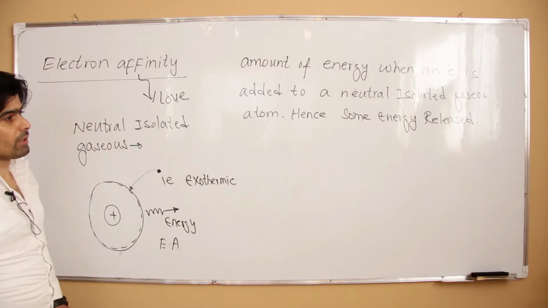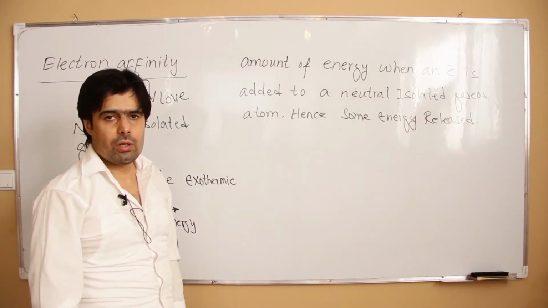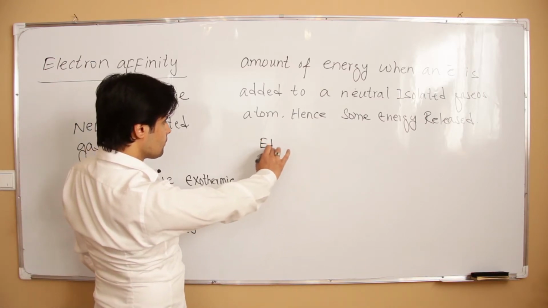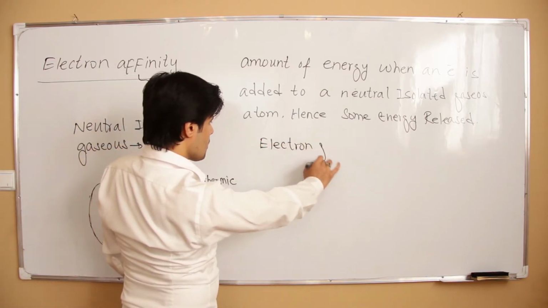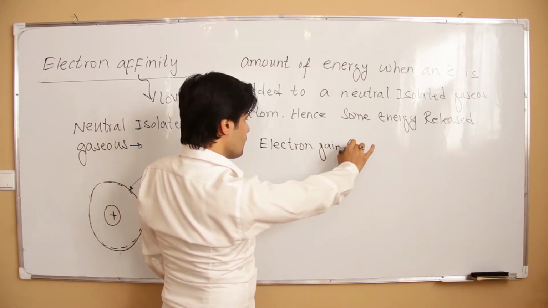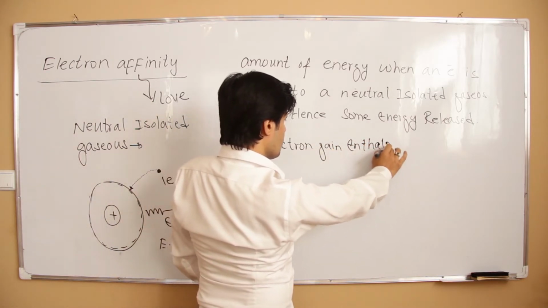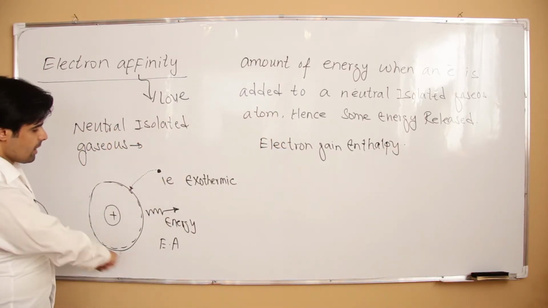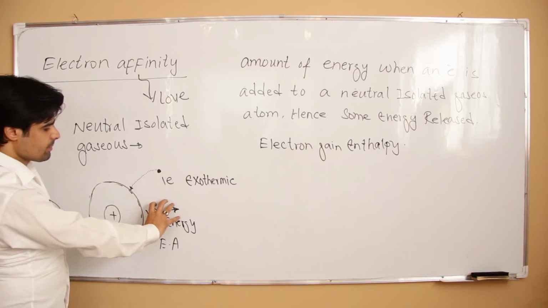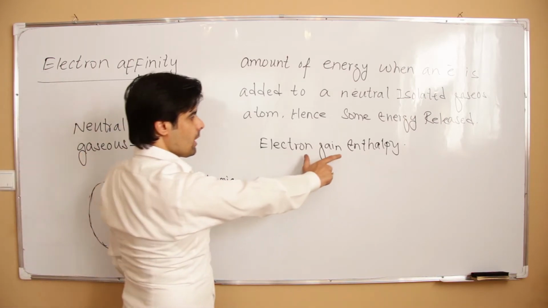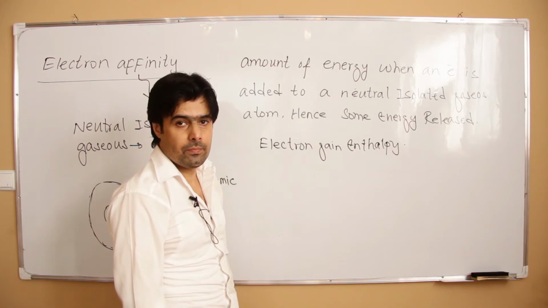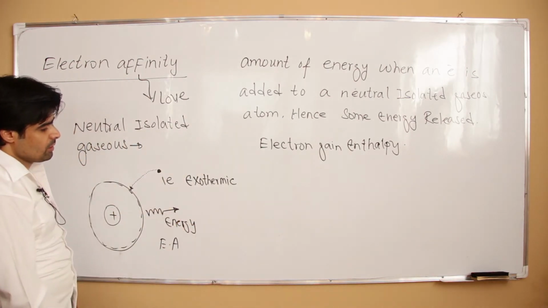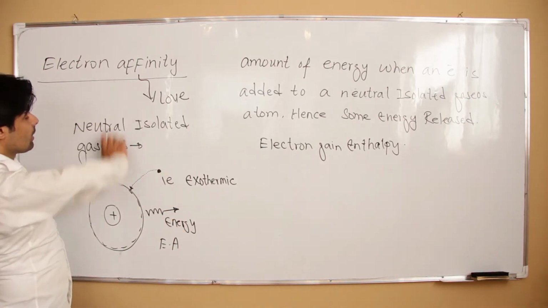We have one more term in markets or in some books, that is electron gain enthalpy. The environment which accepts this energy, it is called electron gain enthalpy. The system which is releasing an amount of energy, that's called electron affinity.